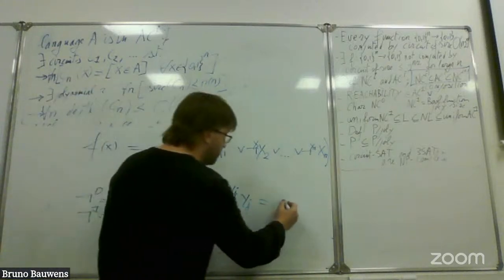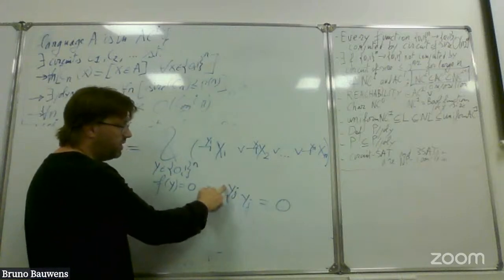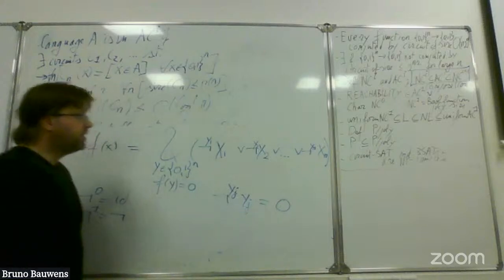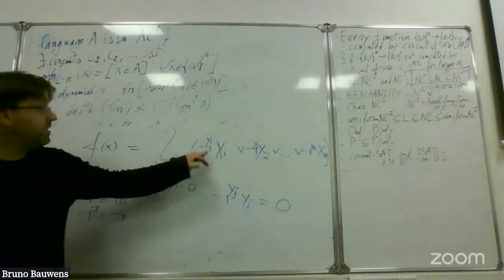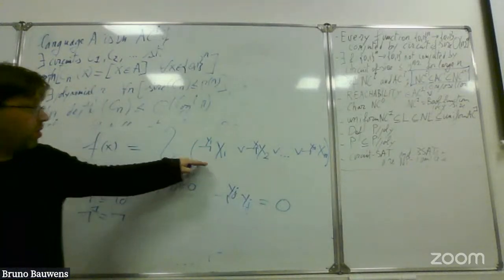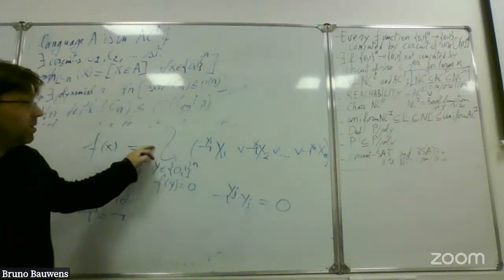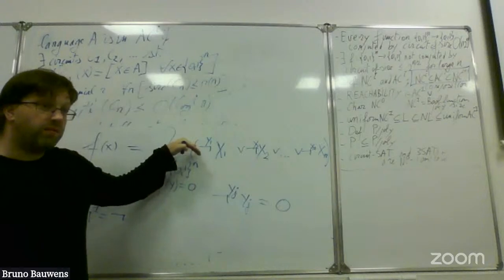If y_i equals 1, then we have 1, but we negate it, so this is always equal to 0. So whenever y is equal to x, we will have an OR of all zeros, and hence this AND will be equal to 0.